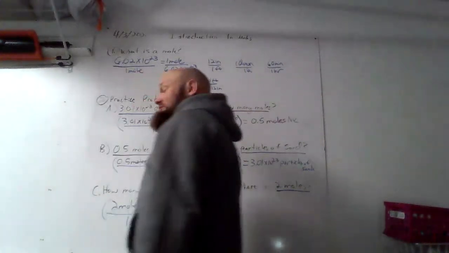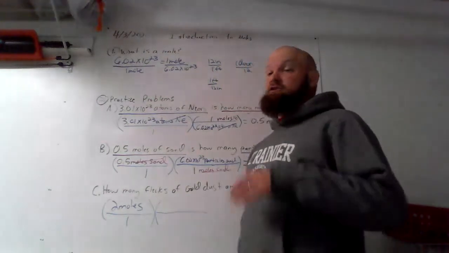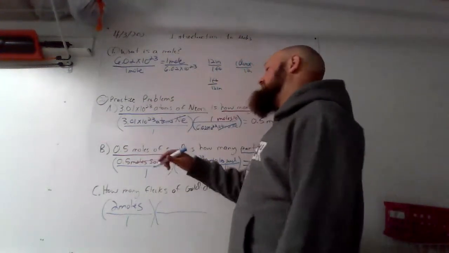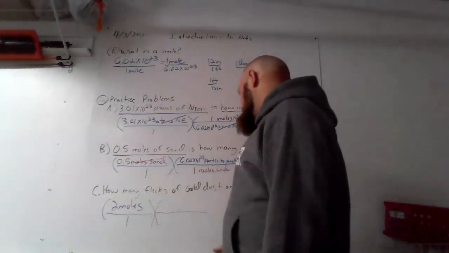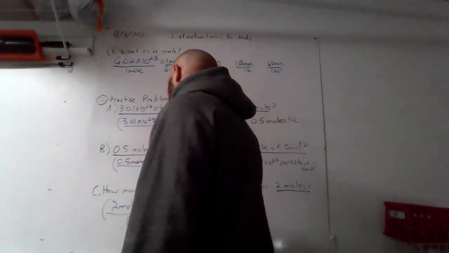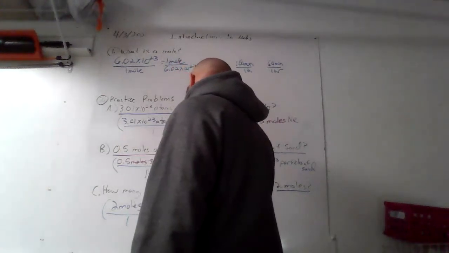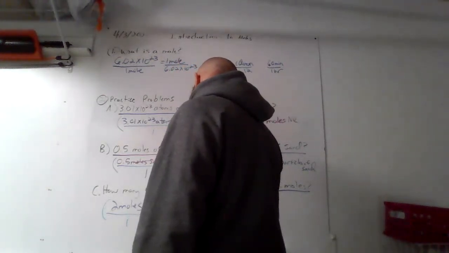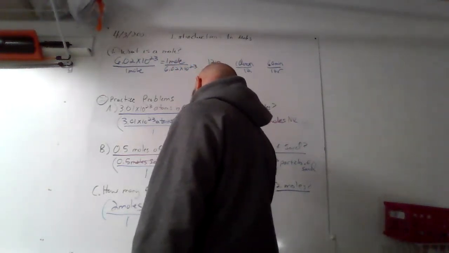And just a little refresher too, the reason I'm using the parentheses is to show that I'm multiplying. If you go down, you divide; straight across, you multiply. So if I have moles up here, and I'll write AU for gold, I'm going to write moles of AU right down there.